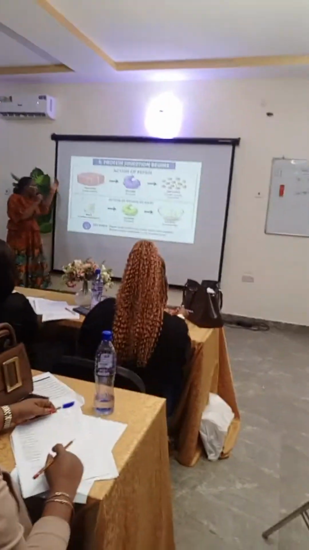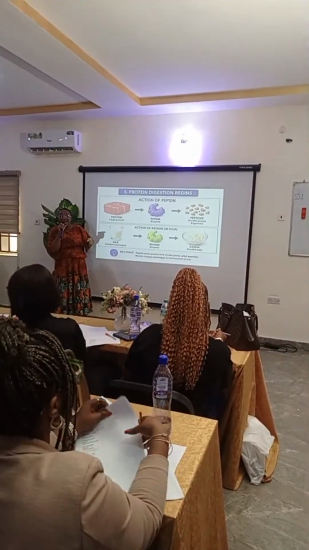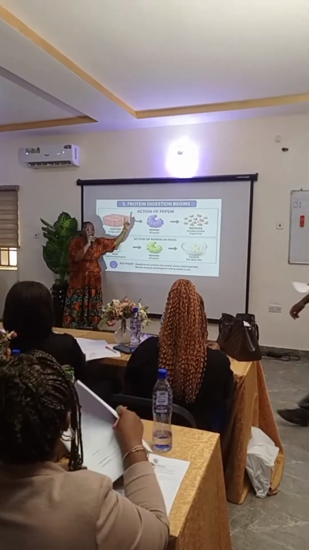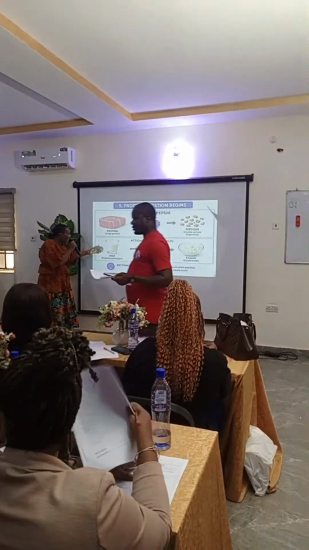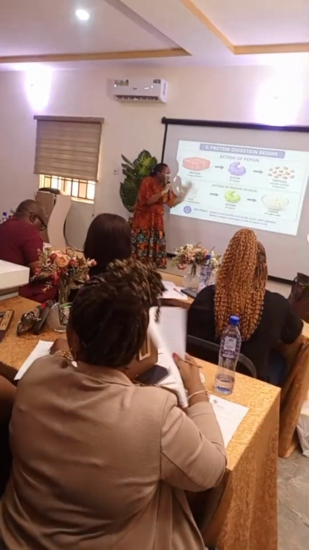So meat, a large protein, pepsin digests it and breaks it down into smaller protein fragments known as peptides. Now look at milk. If milk comes in, renin will work on it and break it down. Let's summarize.